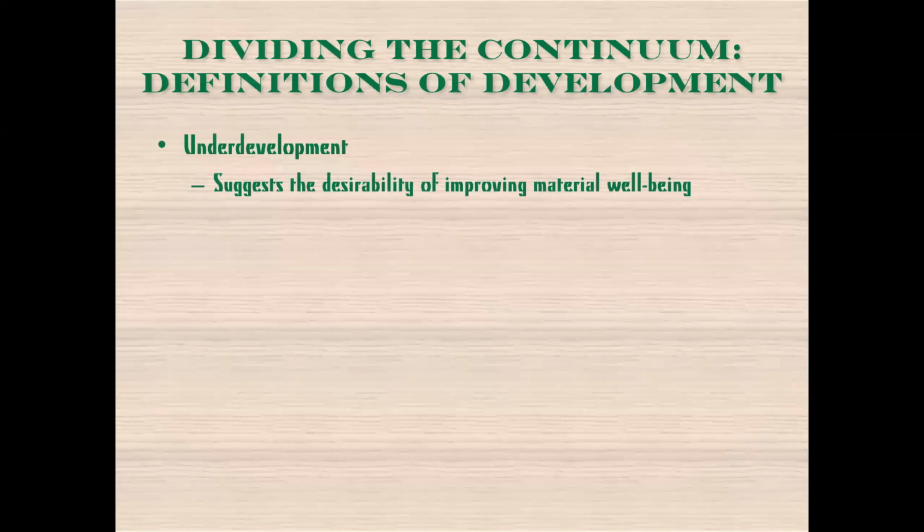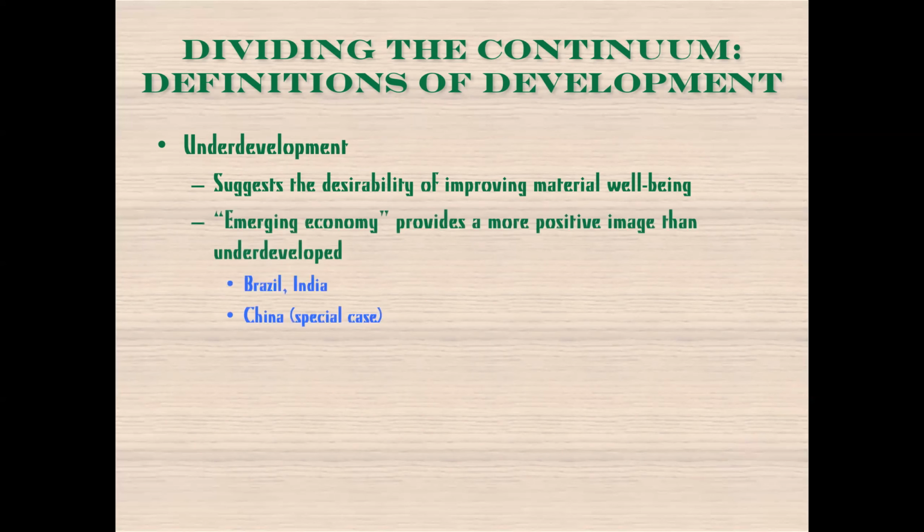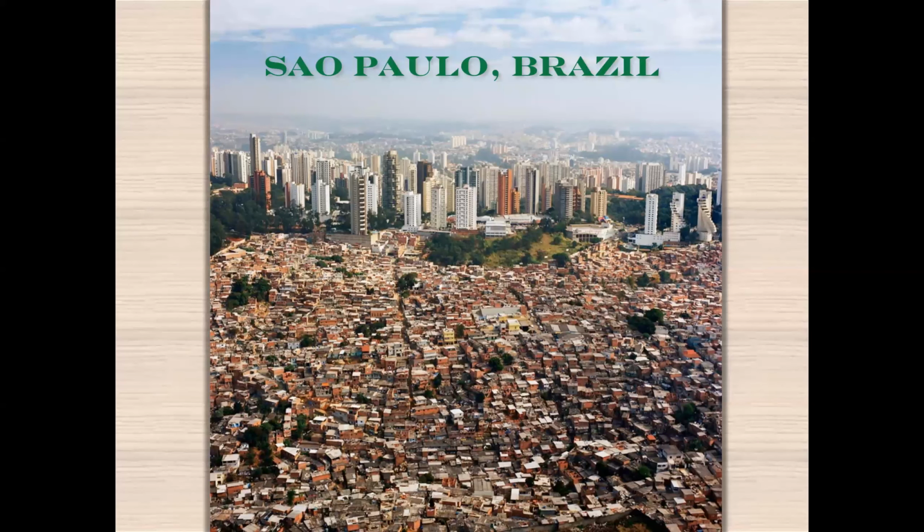Again, under development, it suggests the desirability to improve your material well-being. And again, special cases, as I mentioned, Brazil, India, and China. So here's an example of a city like Sao Paulo in Brazil. Notice, this is a favela.